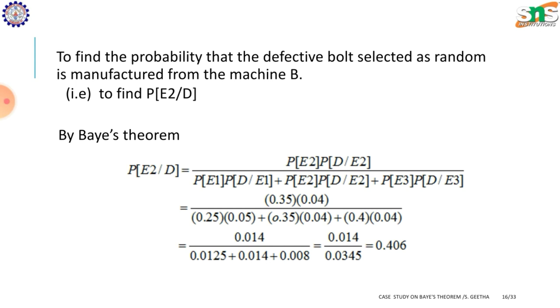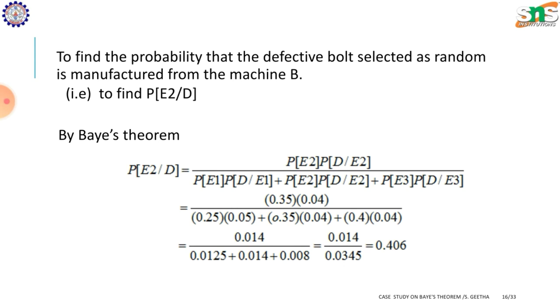So, P of E2 given D is equal to P of E2 into P of D given E2, whole divided by P of E1 into P of D given E1 plus P of E2 into P of D given E2 plus P of E3 into P of D given E3.